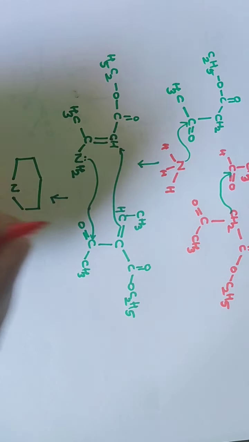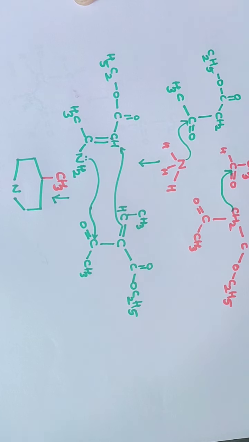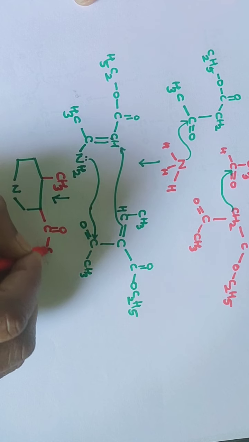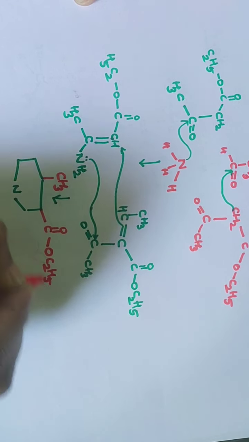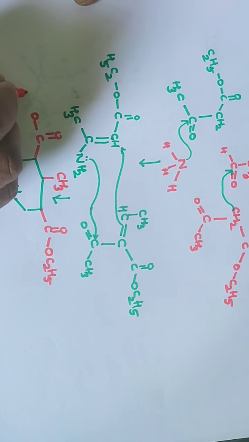Okay, this is what you should remember. So there will be a methyl group here, CH3, an ester on both sides, C double bond O, OC2H5, C double bond O, OC2H5.